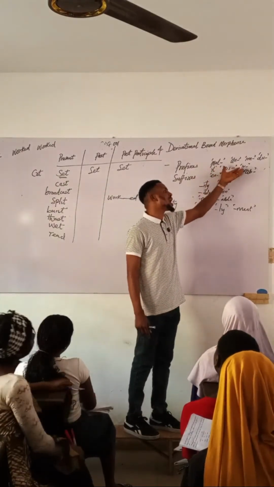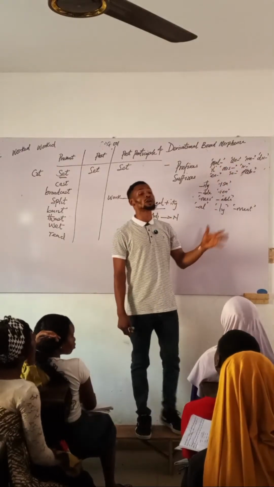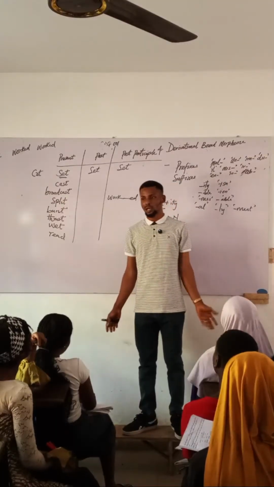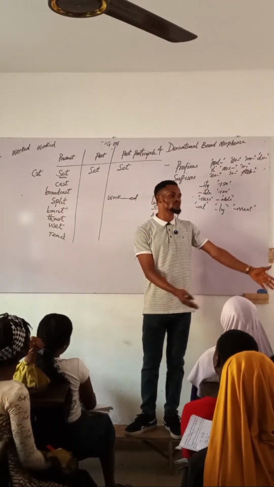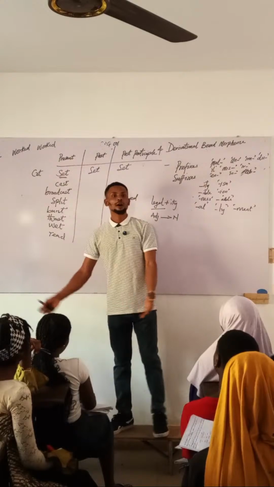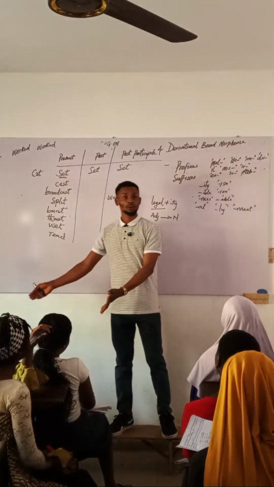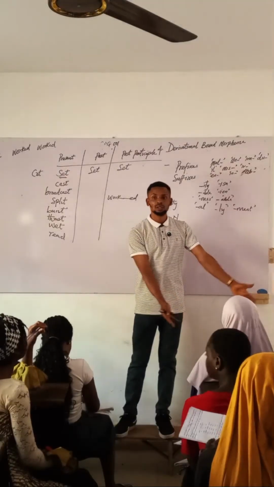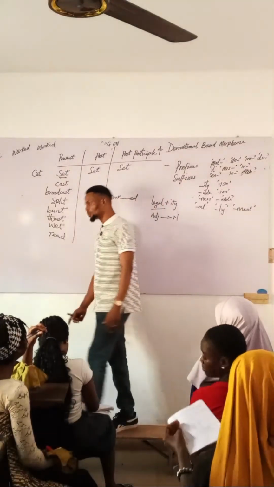So the moment you have some prefixes added to a word, it gives you the opposite meaning of that word. For instance, advantage becomes what? Possible. Proper.